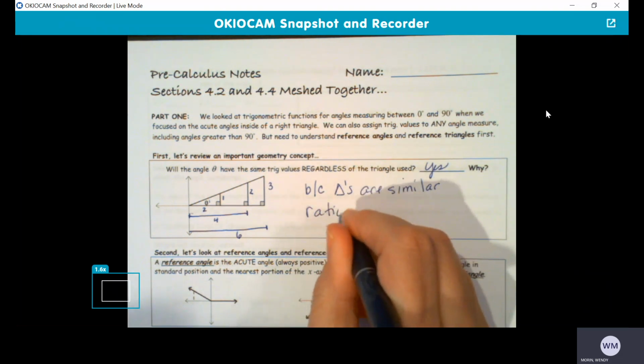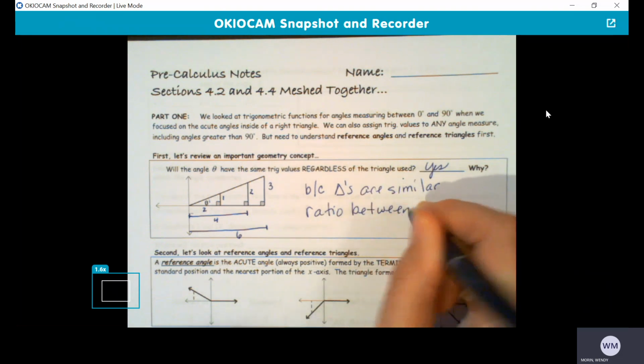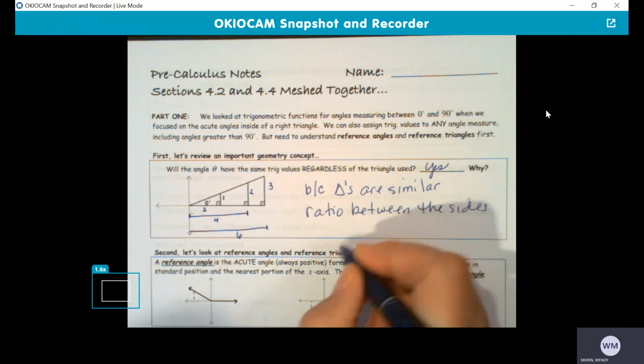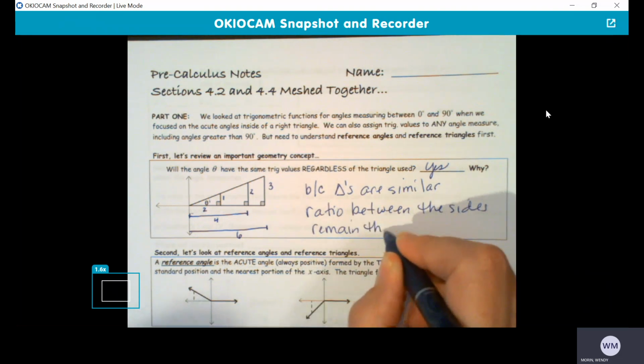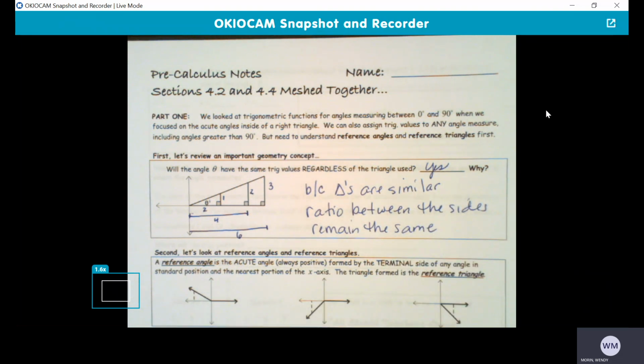The ratio between the sides remains the same. Okay, so that's a little review of geometry.